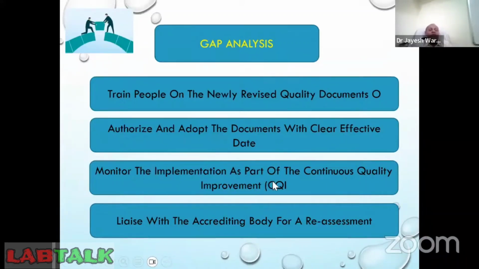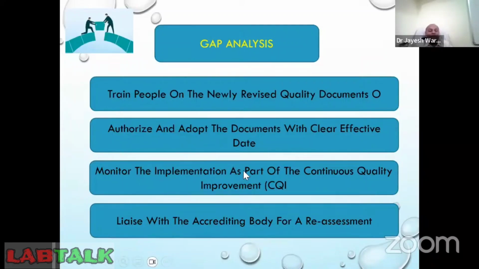Then you have to monitor the implementation as part of continuous quality improvement. Once you have made changes to the management system, you have to monitor the progress of implementation. Wherever processes are changed or newly designed, you have to monitor their performance.